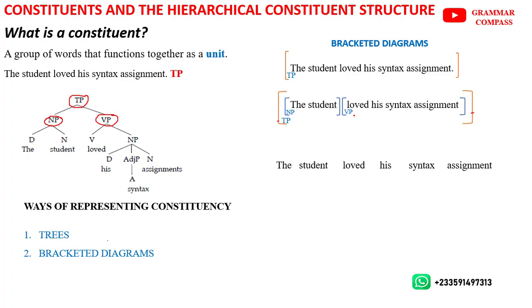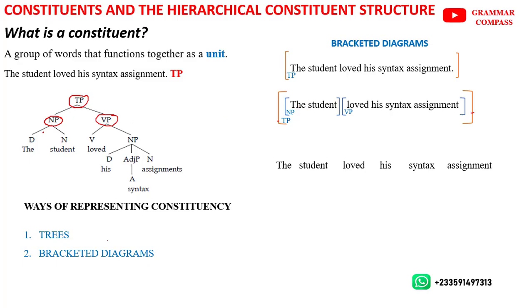Now we have been able to identify the two major constituents within the tense phrase using the bracketed diagram. That is 1, the noun phrase, the student, and then 2, the verb phrase, loved his syntax assignment. But we are not done. We can see that the noun phrase consists of two other constituents.